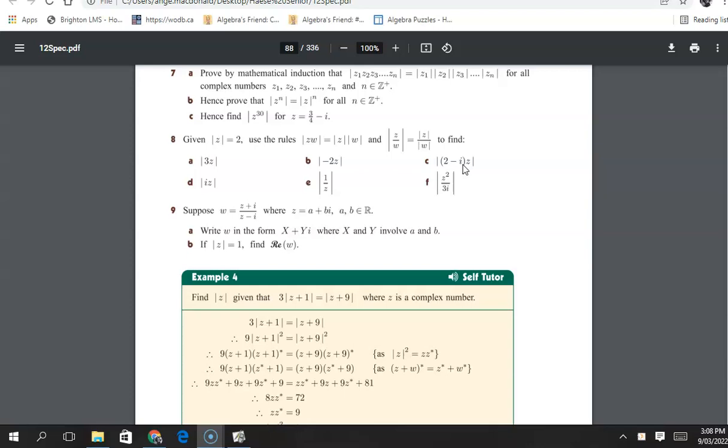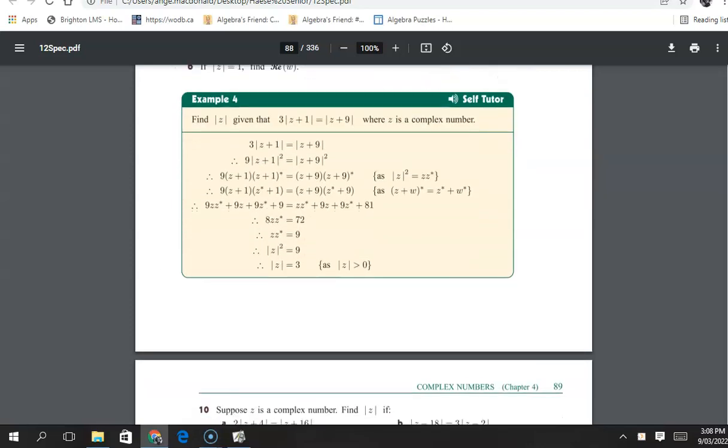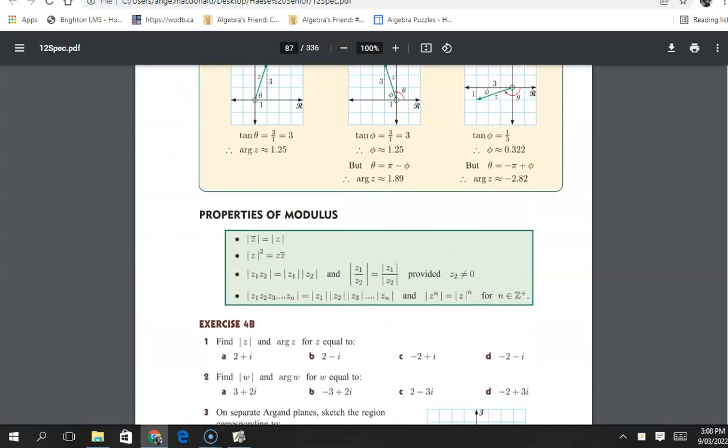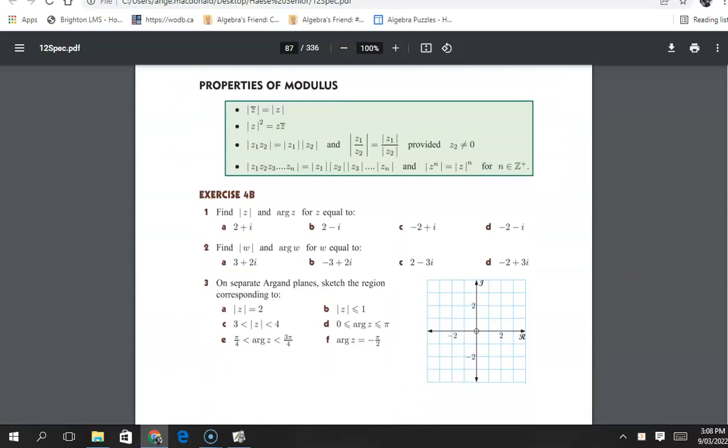So question 8, nice. Question 9, it's giving you the heads up. How do we get rid of the modulus? What makes them sort of disappear? If you square both sides, right? So have a look, we've squared both sides. But then we're in a bit of a quandary. How do we get rid of this squared and the modulus there? Well, that is one of your rules, and I hope you are copying down.